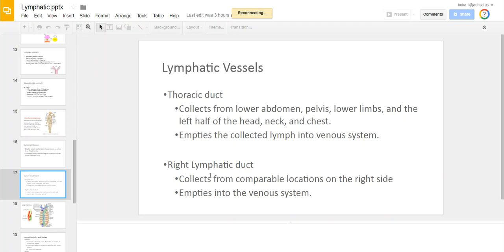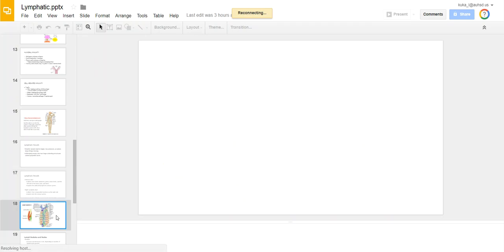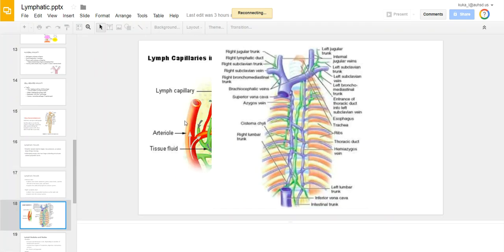Then we have the right lymphatic duct, and that collects from comparable locations on the right side. So basically the same places, but the right side, it's a little bit smaller. And this also will empty into your venous system. This slide right here actually has multiple pictures, so you could see where everything kind of fits together.